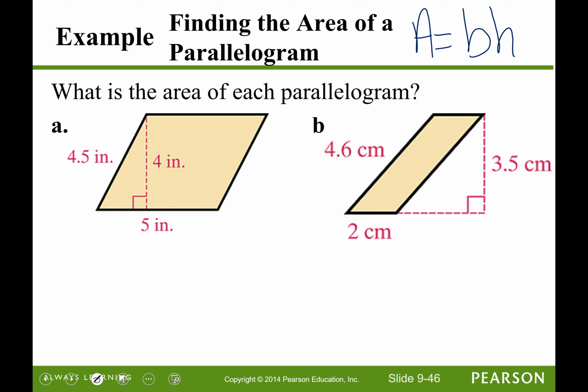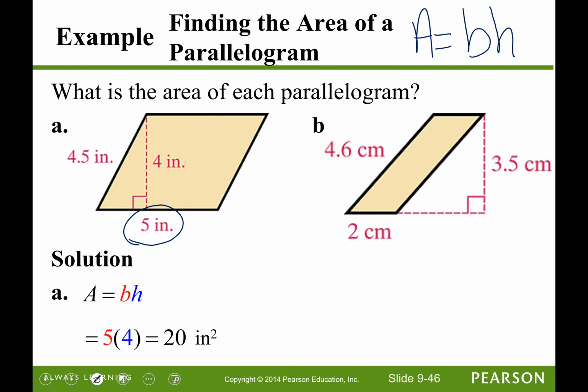Welcome back. Let's see how you did. If you came up with 5 as the base and 4 as the height, then you made a good selection for this first parallelogram. If 5 is your base, then 4 would be your height. If for some reason you wanted to use the other side, the 4.5 inches as your base, then 4 would not be the corresponding height.